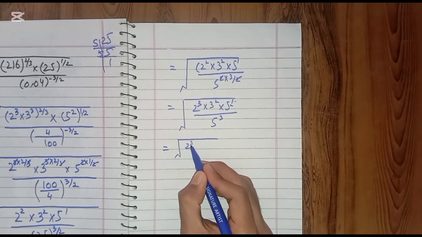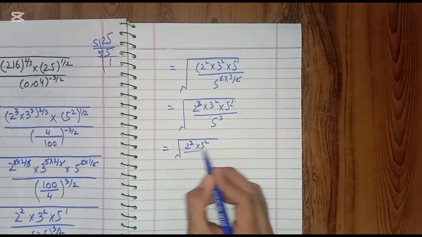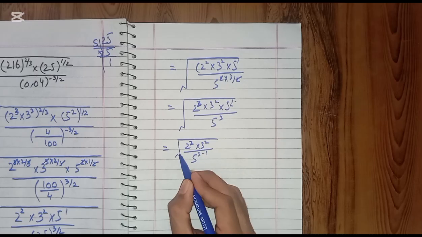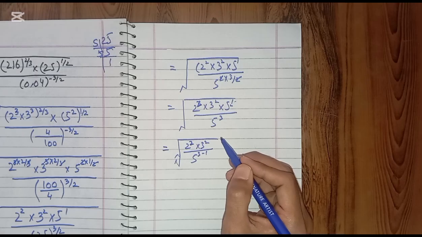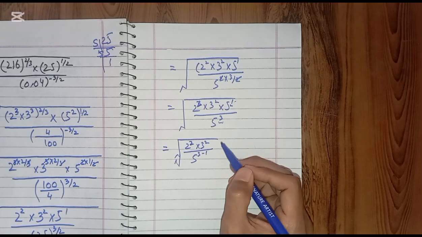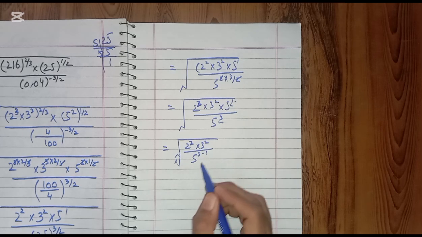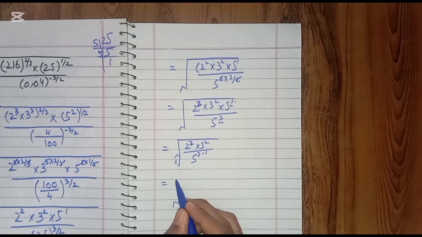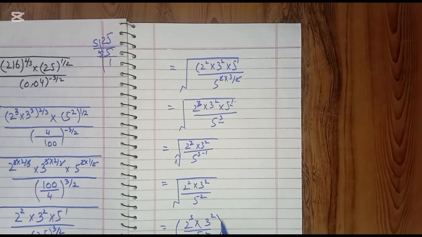2 power 2 multiply 3 power 2, and in the denominator 3 minus 1. I again repeat why we don't move 3 in the numerator power. The reason is that 3 is the greater number, so we place the greater number as it is, and we change 1 and put it in the denominator, so you get 2 power 2 and 3 power 2, and in the denominator 5 power 2, and this is our square root, so you write it as 1 by 2.